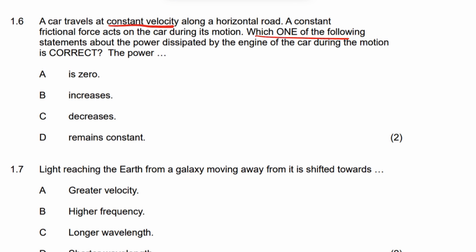So it asks which one of the following statements is correct about the power dissipated by the engine. If the velocity is constant, the average power is equal to the force of the engine multiplied by the constant velocity.